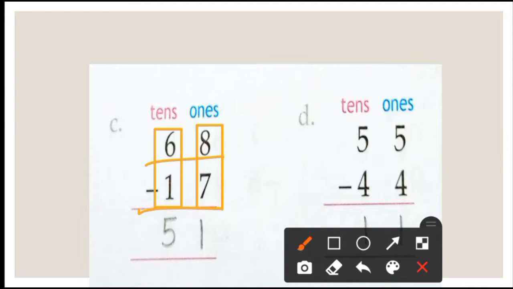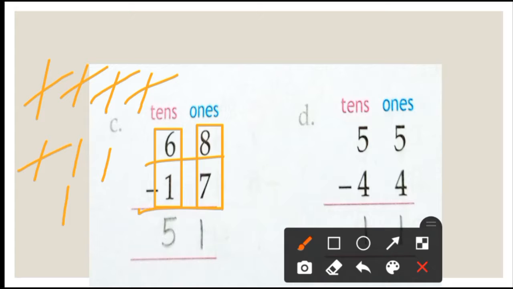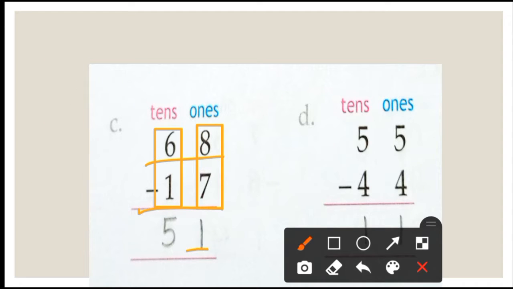Let's start. 1, 2, 3, 4, then 5, 6, 7 and 8. Now we will cut 7 lines. 1, 2, 3, 4, 5, 6 and 7. Now we will count the remaining lines and the line is 1. It means 8 minus 7 is 1, and we will write it on the answer side.